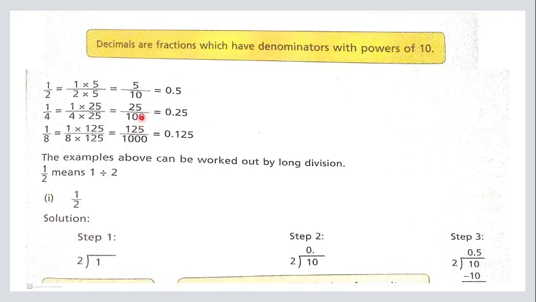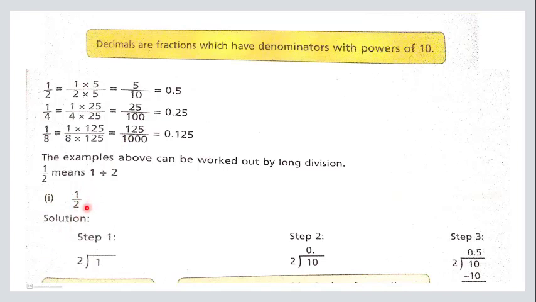Now this 25 by 100 is a decimal, and this decimal can also be written in another form. So 25 by 100 means 0.25. Now this method is also valid, but the simplest method is by carrying out division.